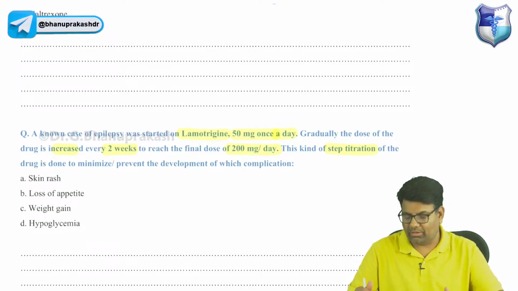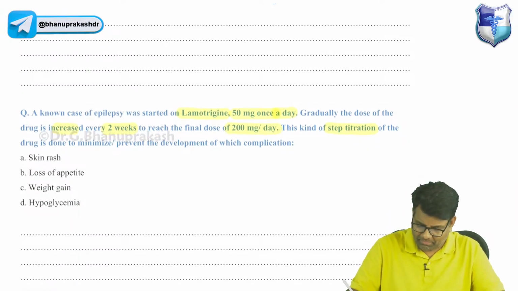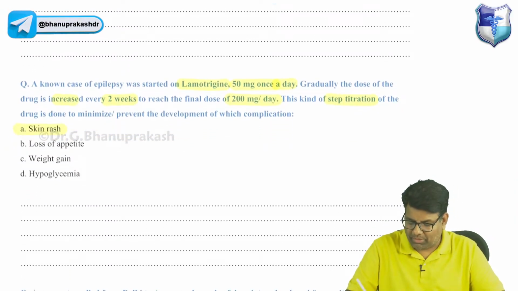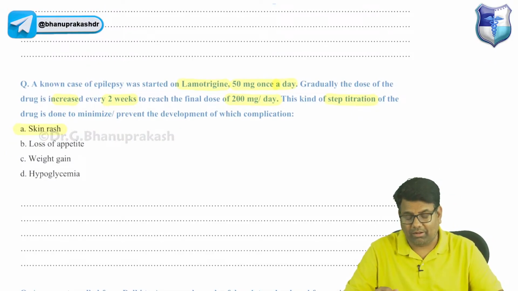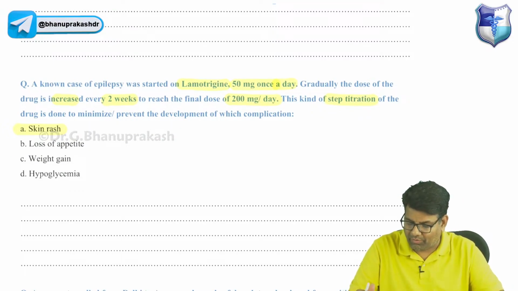Why couldn't we give the desired dose starting from day 1? Any idea? Yes, it is very important to make sure that the whole desired dose of lamotrigine is not started at once. It is gradually increased over a period of time till the desired dose.